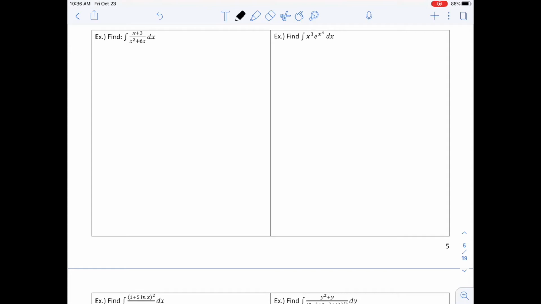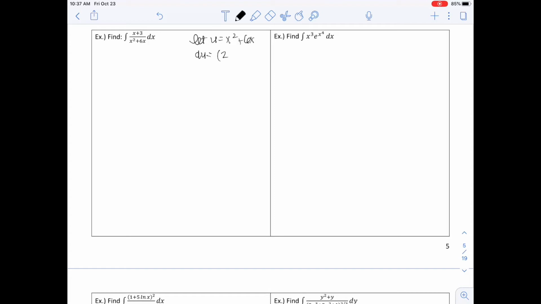So the first one here, I'm going to let u equal my inside function. My inside function this time isn't maybe as clear, so I'm going to let it equal the denominator. So I'm going to say let u equal x squared plus 6x. And when you take the derivative of this, I'm going to go ahead and rewrite this as du equals, and if you notice, we were multiplying both sides by dx, and so I'll just put that on the other side right away.